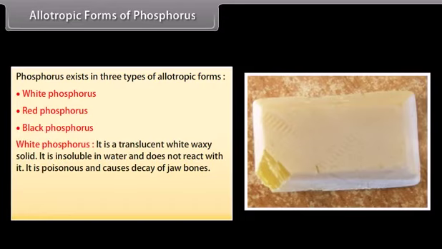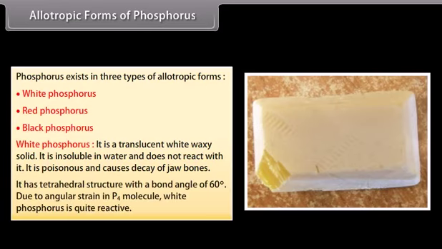It is insoluble in water and does not react with it. It is poisonous and causes decay of jaw bones. It has a tetrahedral structure with a bond angle of 60 degrees. Due to angular strain in the P4 molecule, white phosphorus is quite reactive.